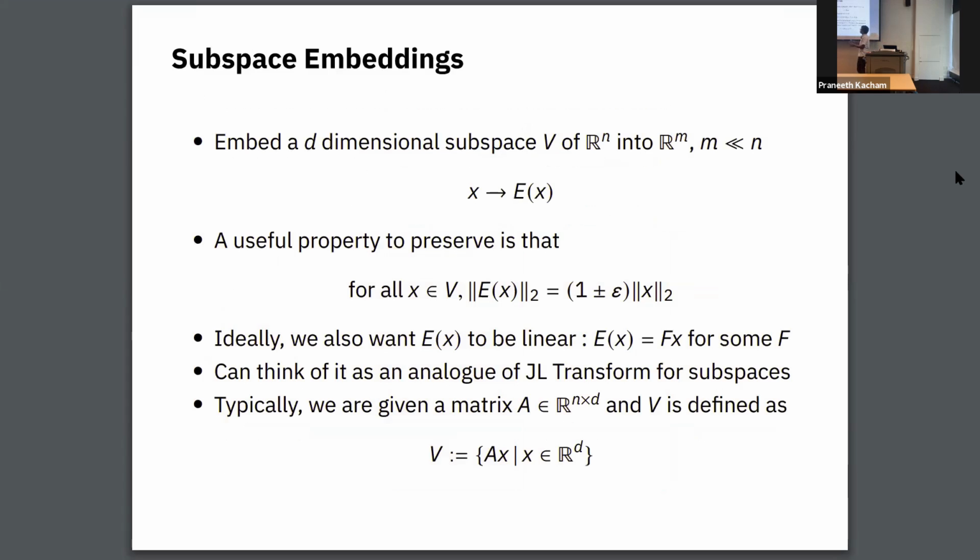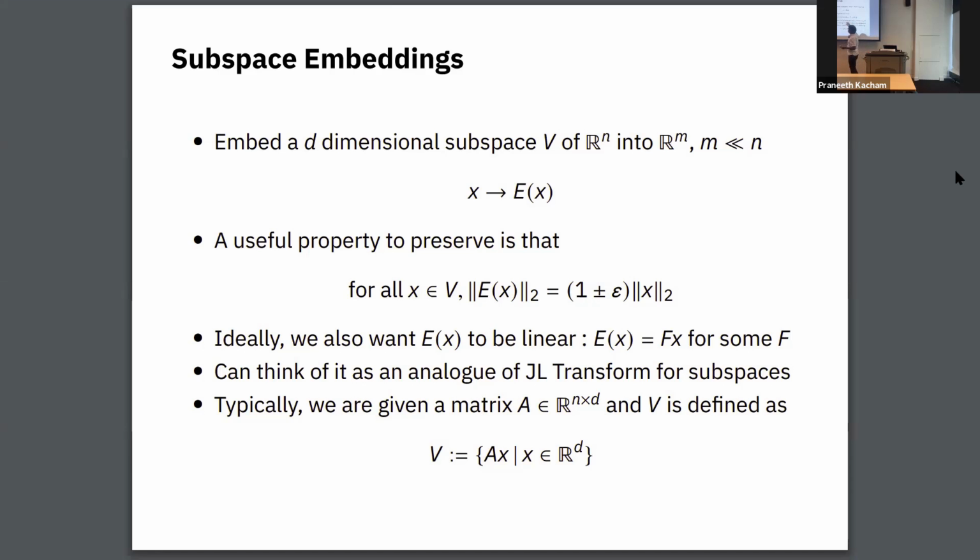So this is the definition of subspace embedding. You are given a d-dimensional subspace V in R^n. You want to find a particular function which takes every vector in the d-dimensional subspace V to R^m. Hopefully, m is much, much smaller than the original dimension n you started with.